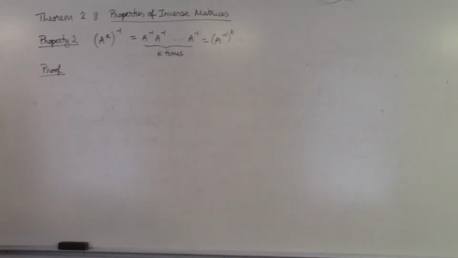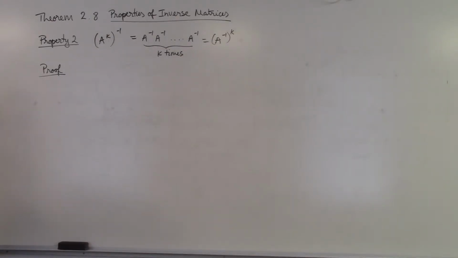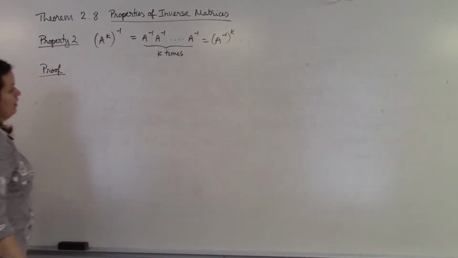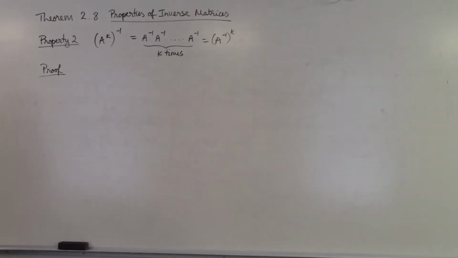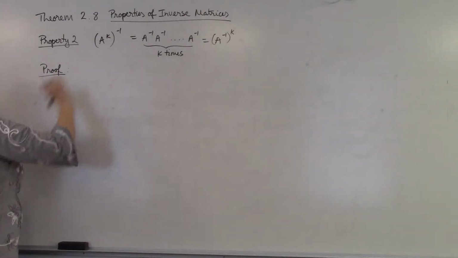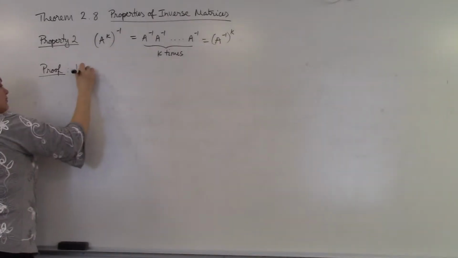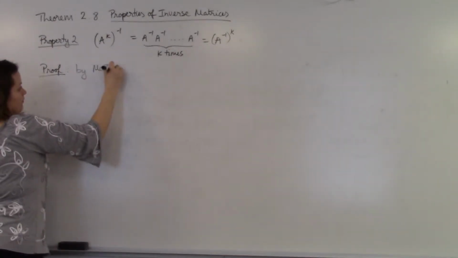We can use mathematical induction for this because k has to be a positive integer, so we can show this for all positive integers k. So, proof by mathematical induction.